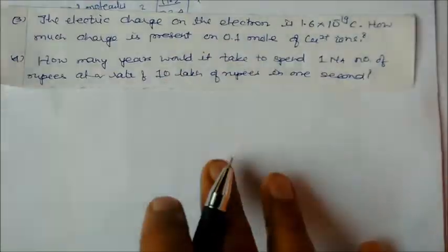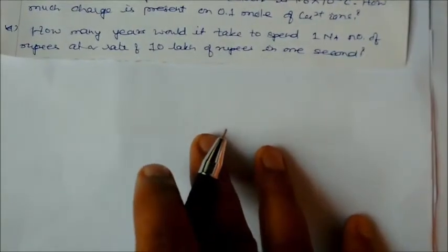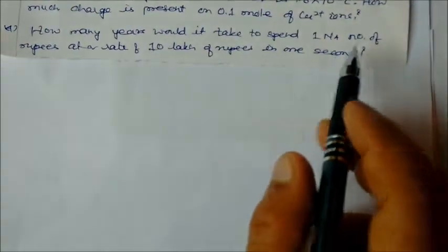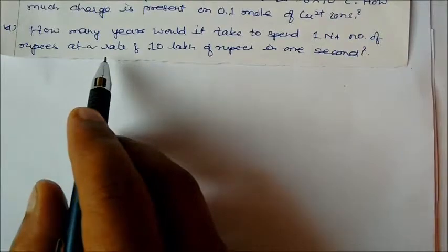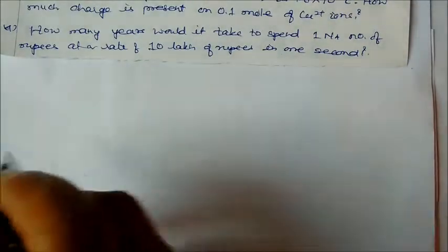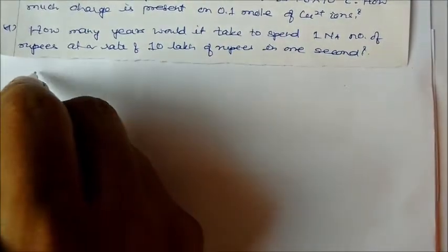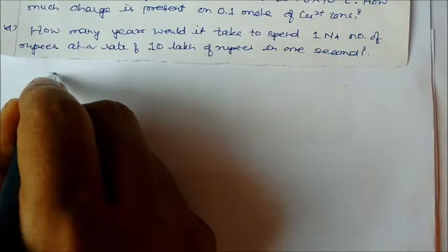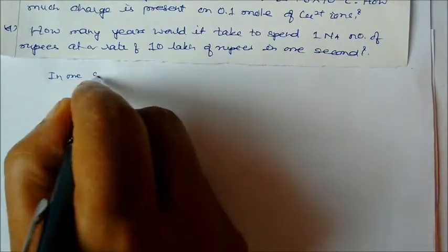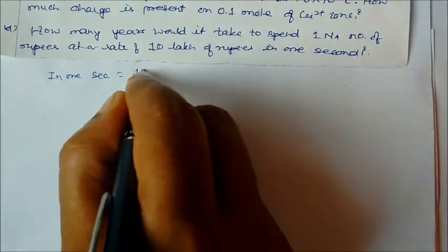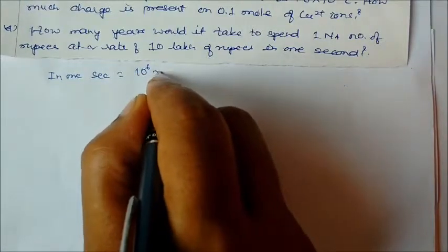Now next question is, how many years would it take to spend 1 Avogadro number of rupees at a rate of 10 lakh of rupees in 1 second? So if you take here, in 1 second we are spending 10 per 6 rupees.